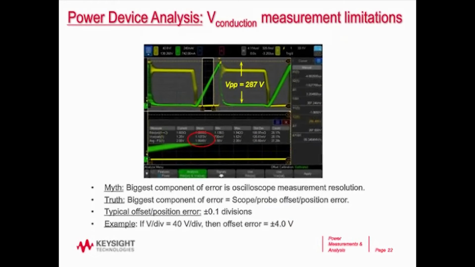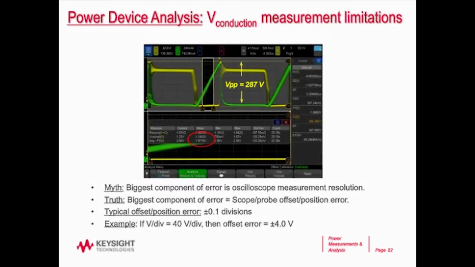Now let's talk about some of the measurement limitations. I've been saying it's very difficult to measure that saturation voltage during the conduction phase. There's a myth out there that the biggest component of error is oscilloscope measurement resolution. So many folks say, if I only had a scope at higher resolution, I could make this measurement much more accurately.